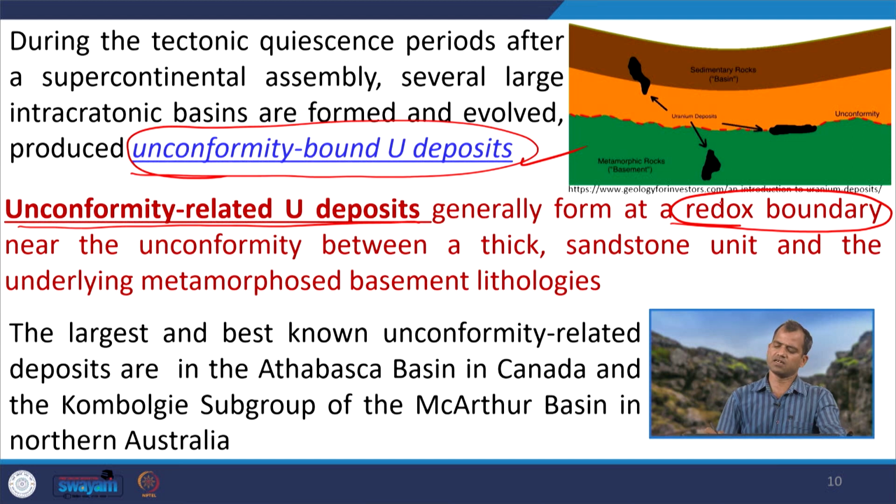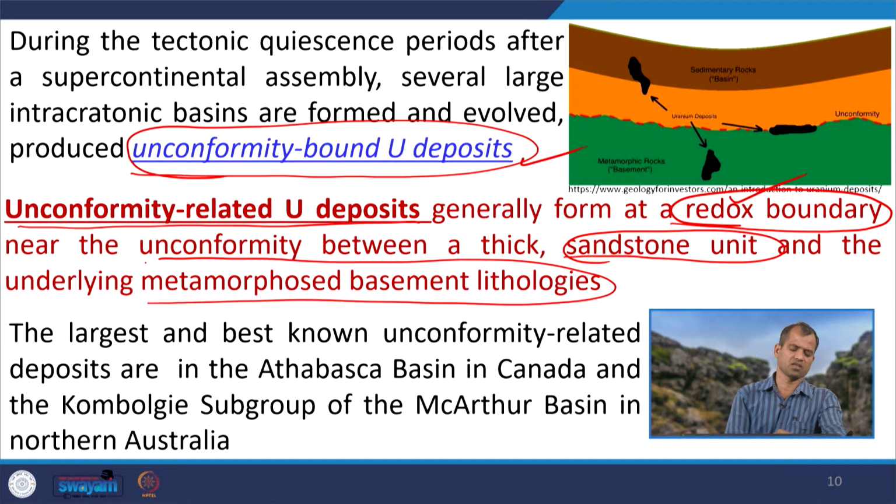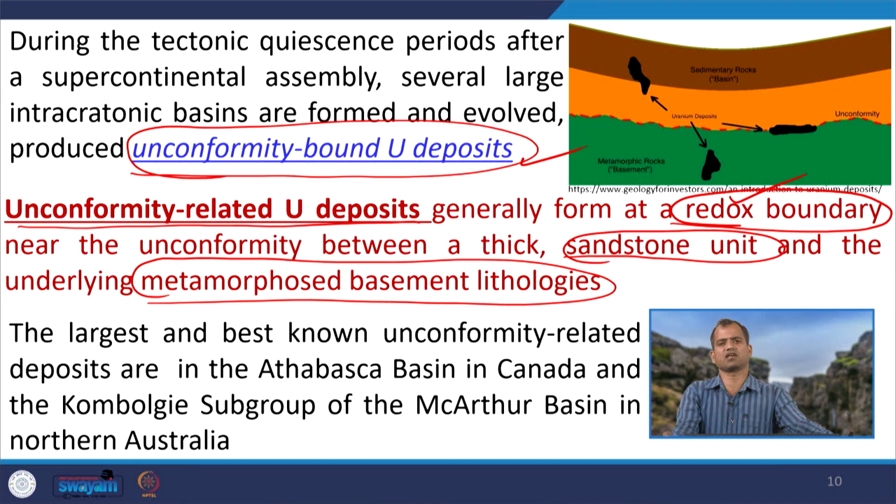So, we need a redox environment, and what is the requirement? We need a sandstone unit overlying the metamorphosed basement lithology, like the granitic gneiss, migmatite, and we have a sedimentary basin filled with sediment, particularly sandstone.